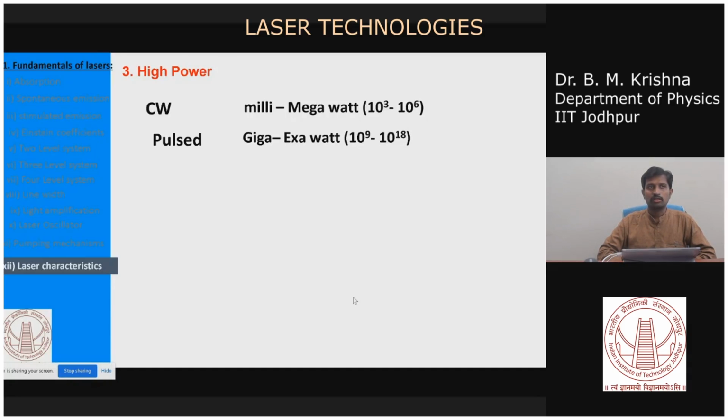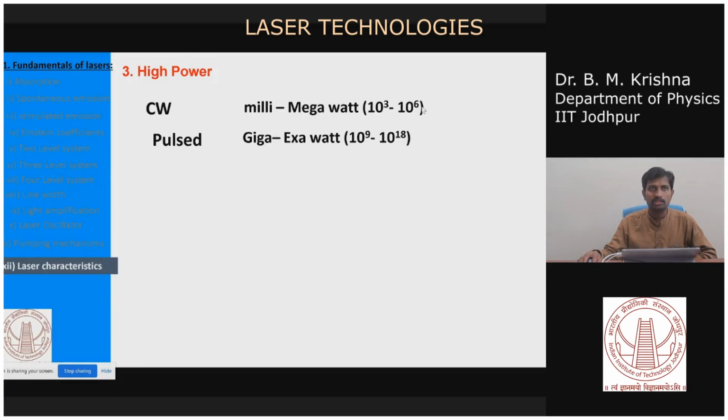Normal sources give much less, maybe a maximum of a couple of lakh watts, not more than that. That is the best a conventional source can give. But with lasers you can see many orders of magnitude more. That is a huge difference. They can achieve very high powers.